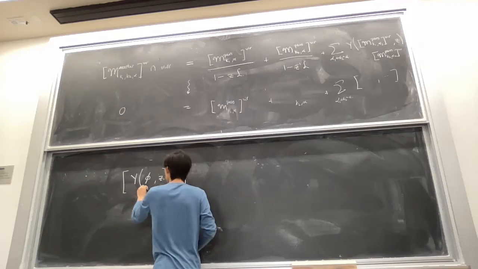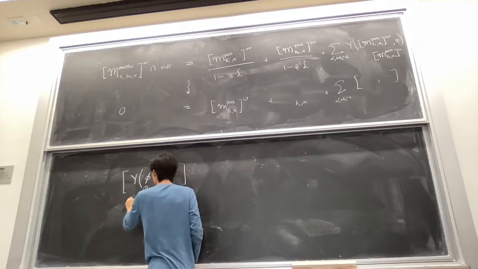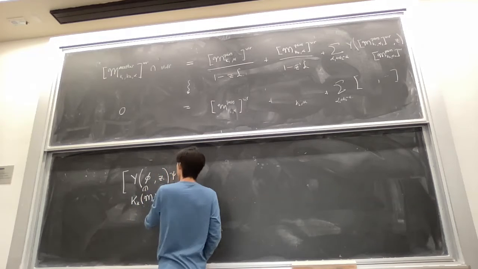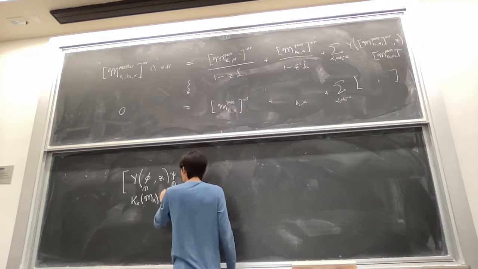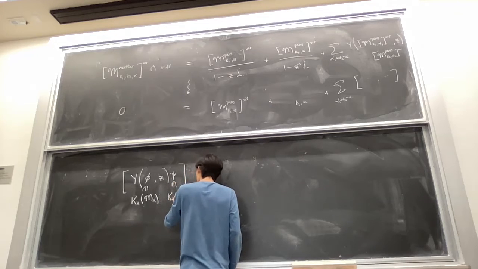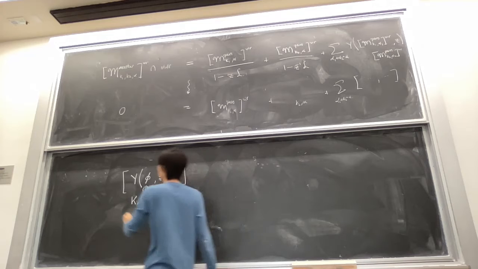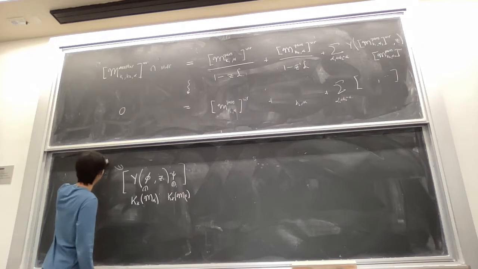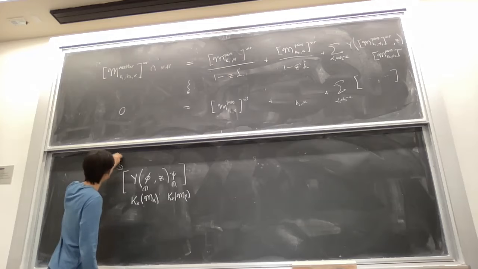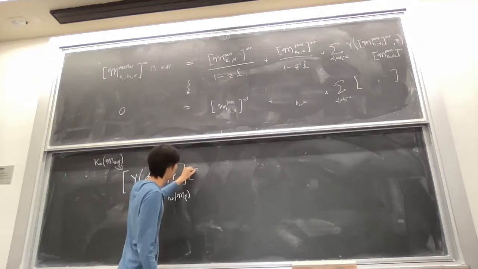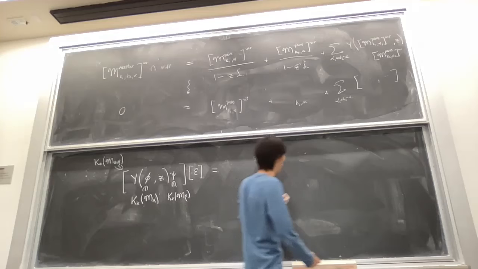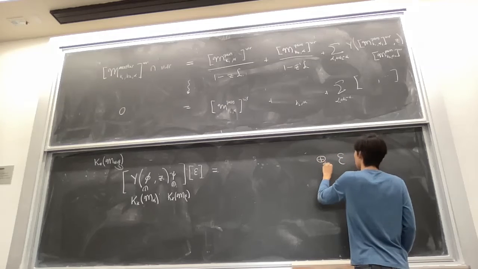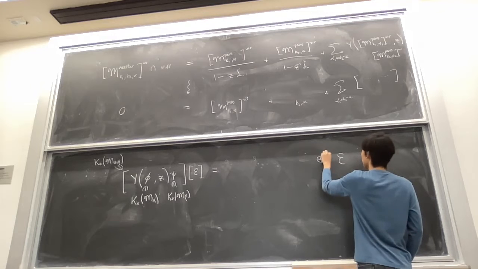So if this lives inside K-homology of M alpha, and this lives inside K-homology of M beta, the output is going to live inside K-homology of M alpha plus beta. And the way it goes is when you plug in a sheaf E, you're going to take this E, pull back along some map from M alpha cross M beta to M alpha plus beta.